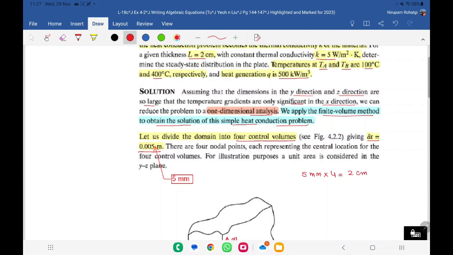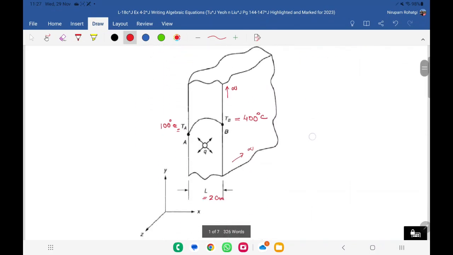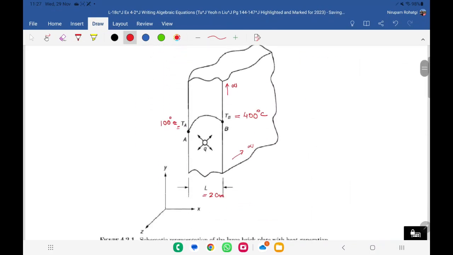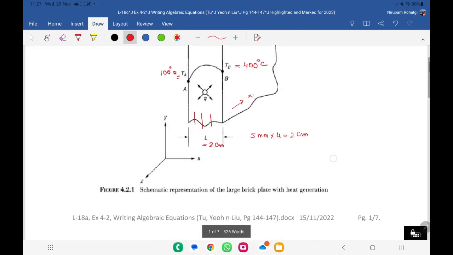This is the thickness. So this is how you will divide into 4 parts like this. There will be 4 sections.